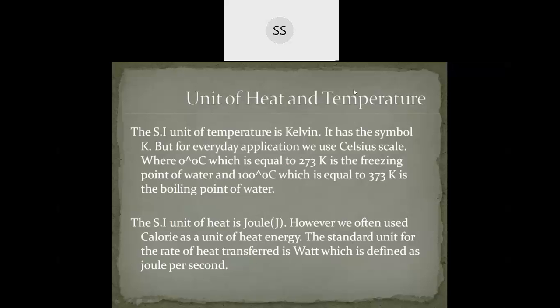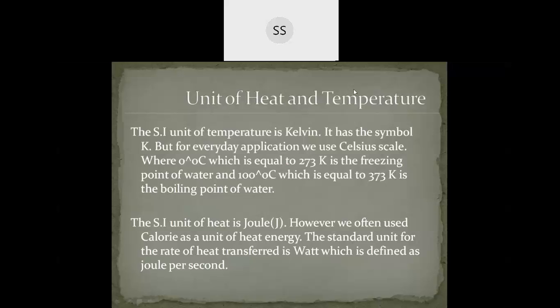So the SI unit of temperature is Kelvin. It has the symbol capital K. But for everyday application, we use Celsius scale, where 0 degrees Celsius is equal to 273 Kelvin, which is the freezing point of water, and 100 degrees Celsius, which is equal to 373 Kelvin, is the boiling point of water.